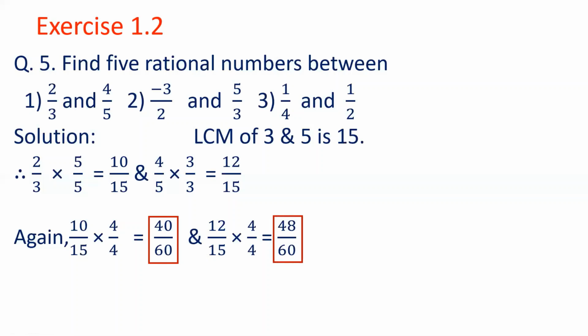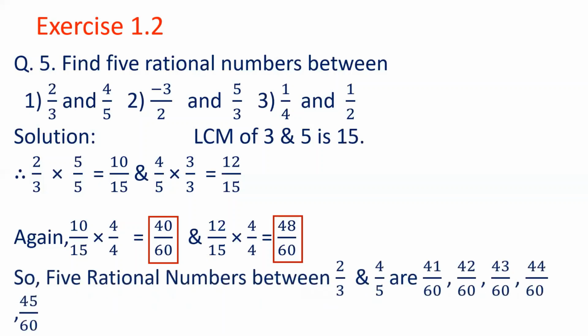So now we can write down 5 rational numbers between 2 upon 3 and 4 upon 5, which are 41 upon 60, 42 upon 60, 43 upon 60, 44 upon 60 and 45 upon 60.